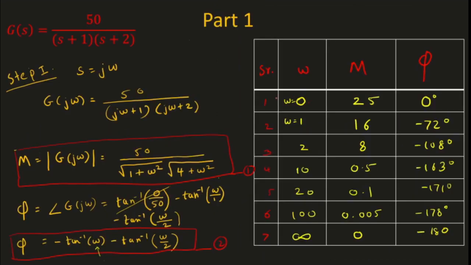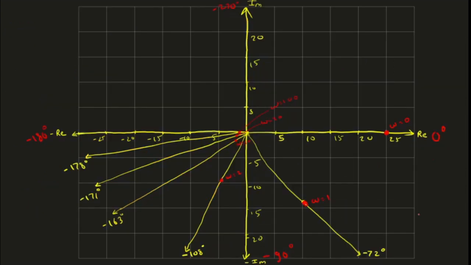And at last, when omega is infinity, the magnitude is 0 and angle is minus 180 degree. So the angle of 180 degree is here, but the magnitude is 0, so the point will come somewhere here. If we join all these points, I will get the first part of the Nyquist plot.